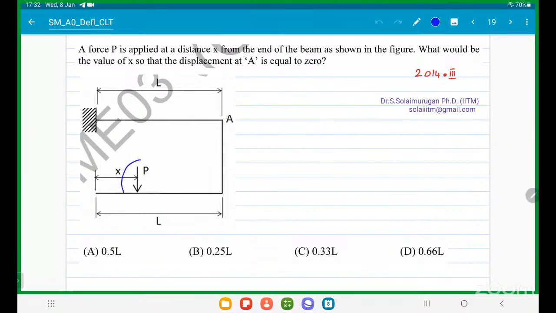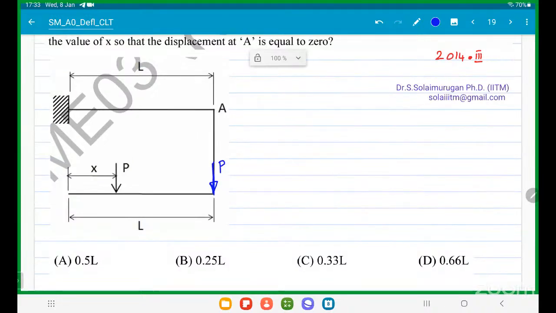So shift this load to A. Correct? So first we have to shift the load to this location. Right? Tell me what loads will come when we are shifting here? Quick. While shifting the load to this location, what will come? So the same load point P, then one moment, sir.